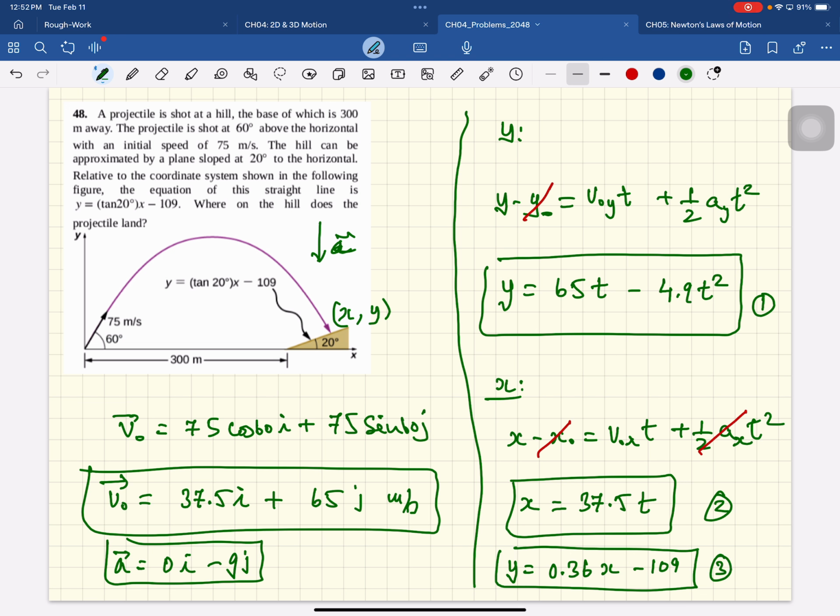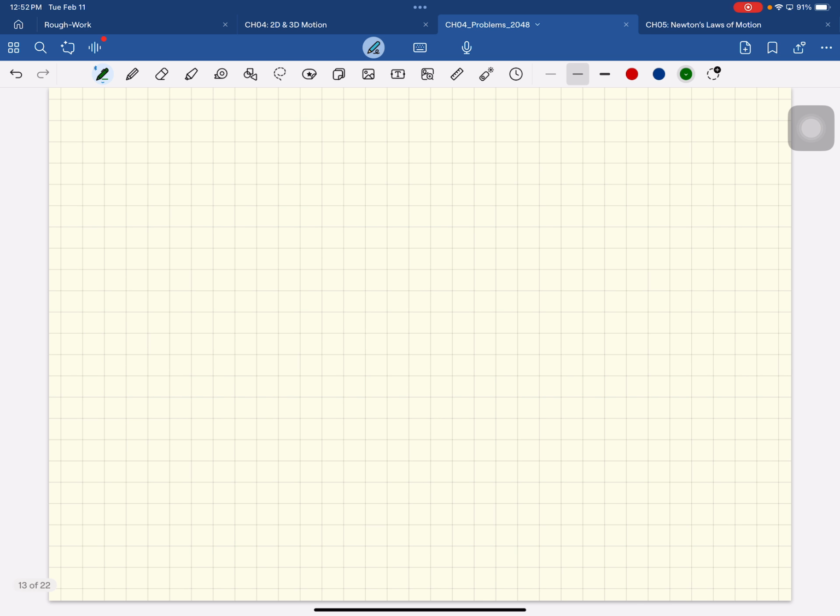All right, so there is your third equation, and now you can solve it. Now, do you guys know how to solve this? Okay, so I'll show you.